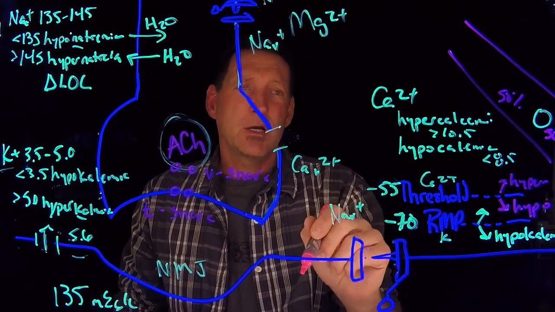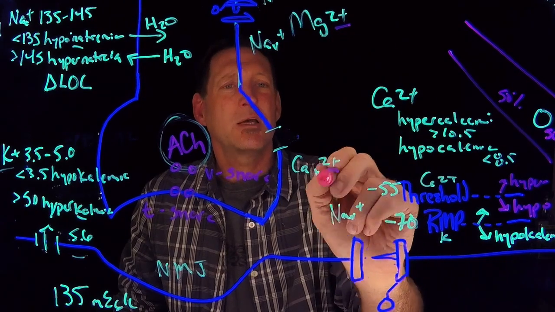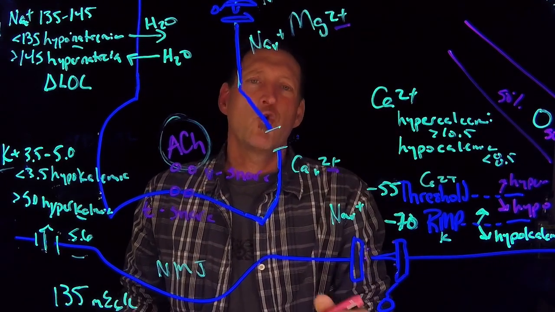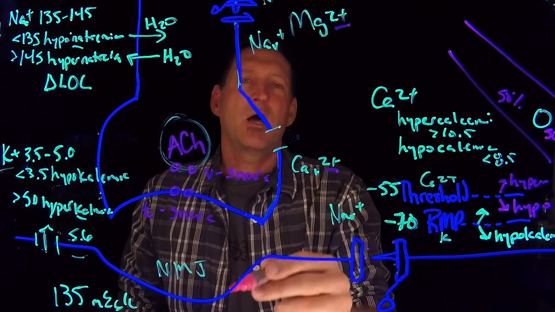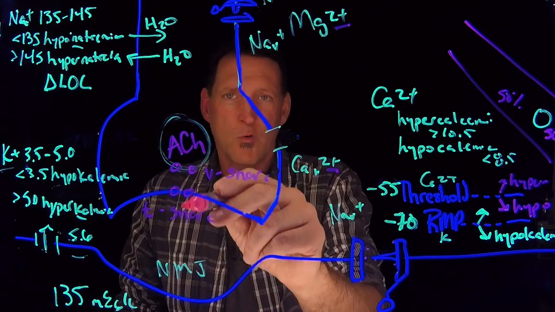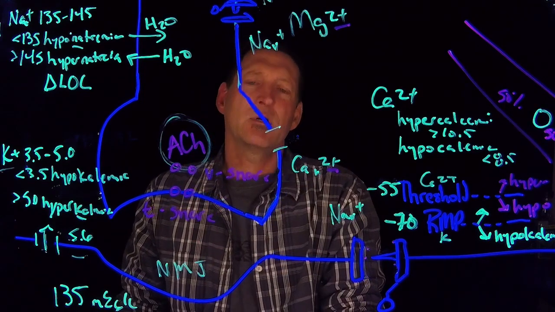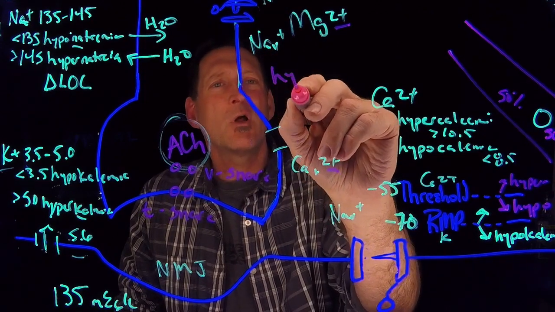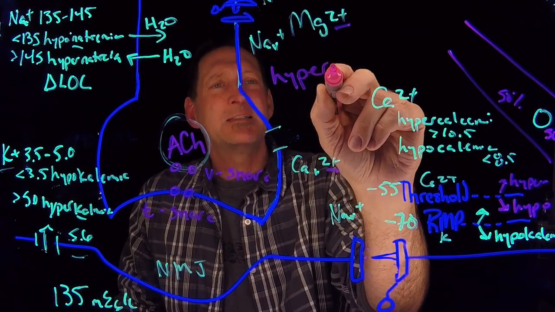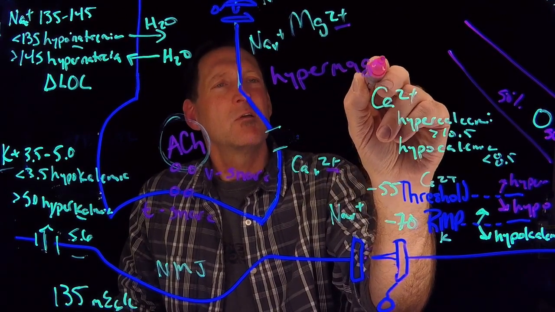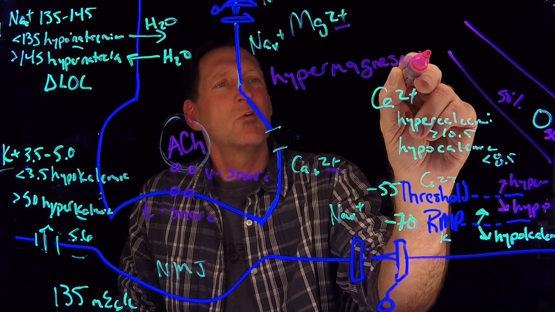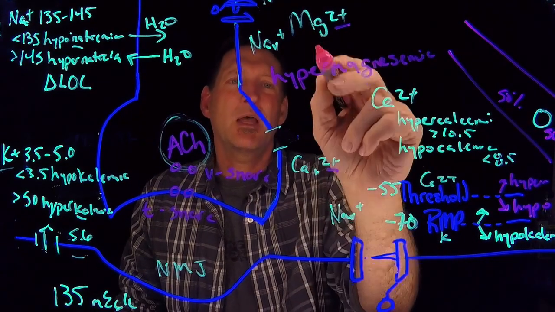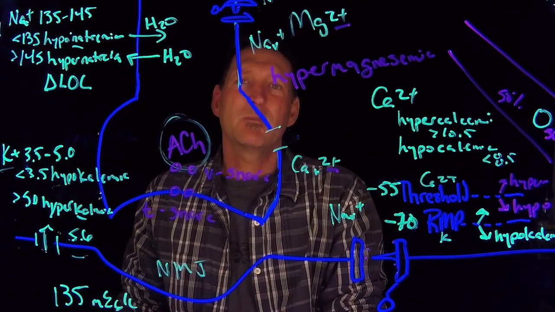Now, if you look at the charge on magnesium and the charge on calcium, if I have normal levels of magnesium, I'm going to release normal quanta of my neurotransmitter. However, if I have hypermagnesemia, what's going to happen is I'm going to have magnesium competing with calcium coming in.